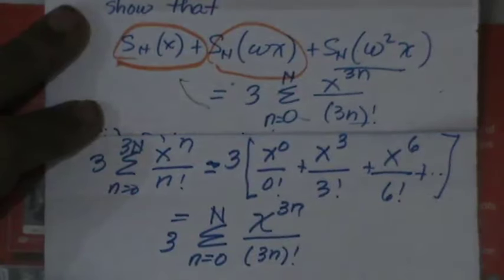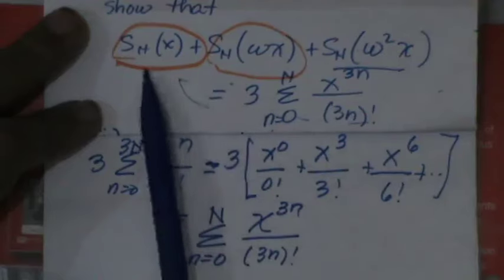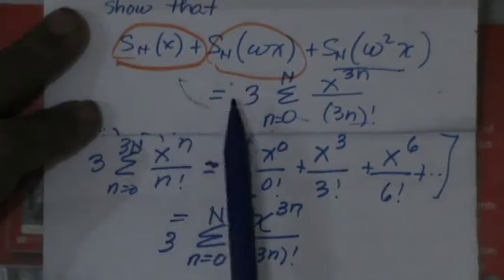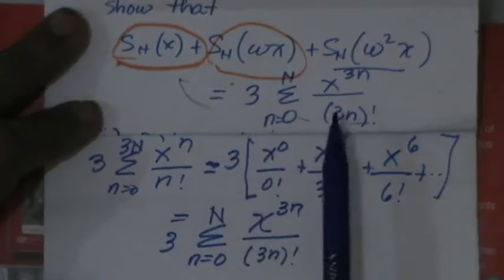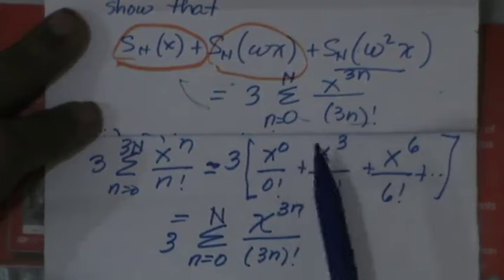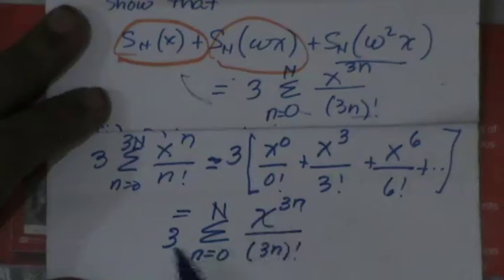Again, it just looks complicated, but actually is not as complicated as it looks. The only thing that you need to know is the definition of the s sub n of x. Just apply that carefully and visualize the problem. The problem itself is actually giving you a clue on how to solve it.